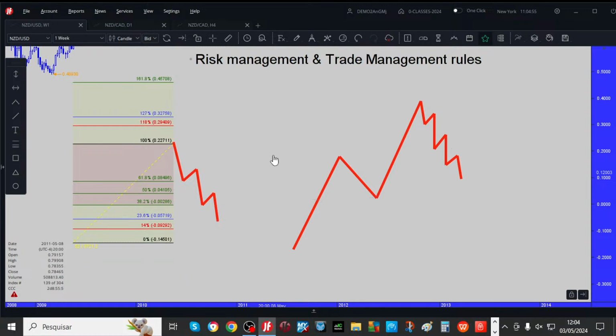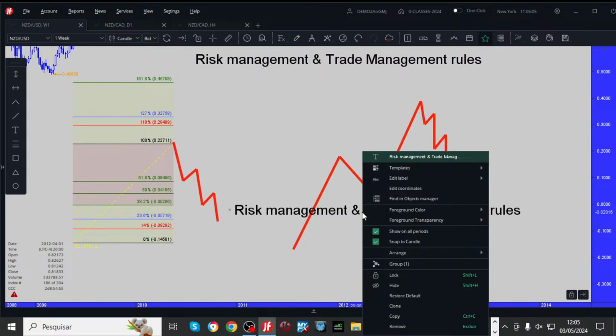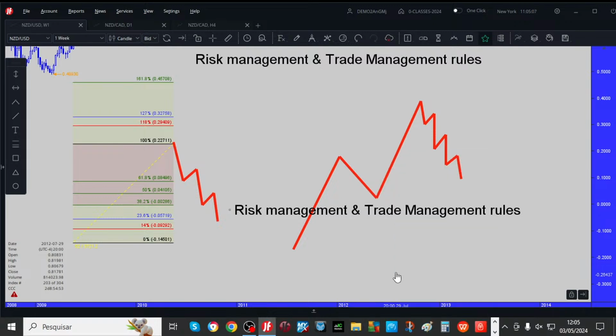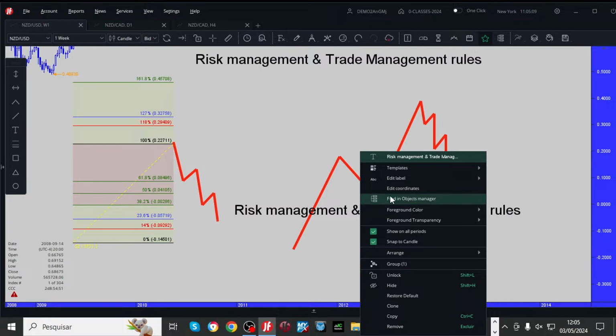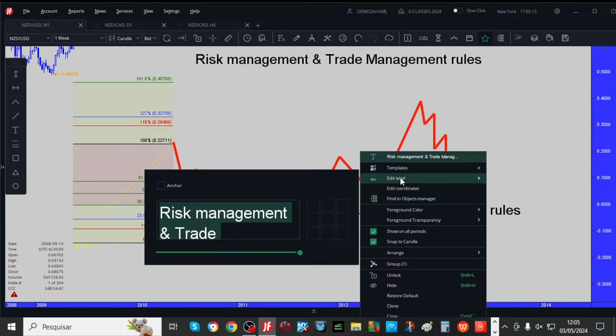I mean, text, they're complicating. Done. All right. Now in here I need to unlock, and now I need to edit label. Come on, edit label. There you go.